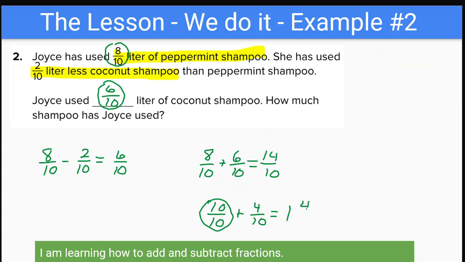So the answer is 1 and 4 tenths. You could have left it as 14 tenths, but if you want to be a smart one, you can rename it as 1 and 4 tenths. This is a mixed number.